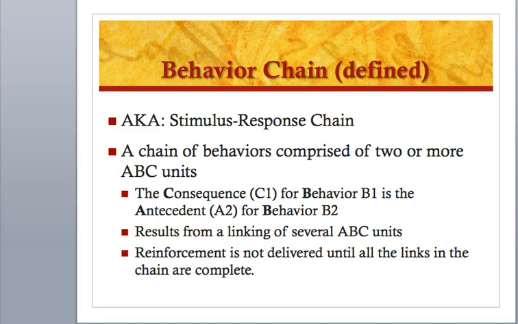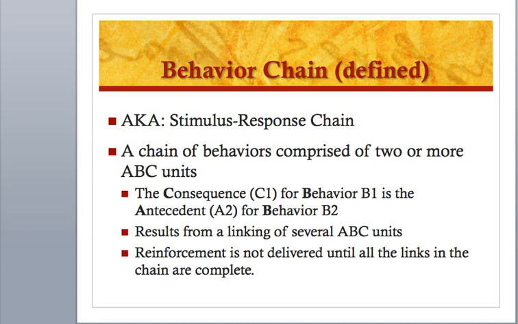The consequence, C1, for behavior B1 would also be the antecedent, A2, for behavior B2. This comes as a result of linking several of these ABC units together, and reinforcement isn't delivered until all the links in the chain are complete.